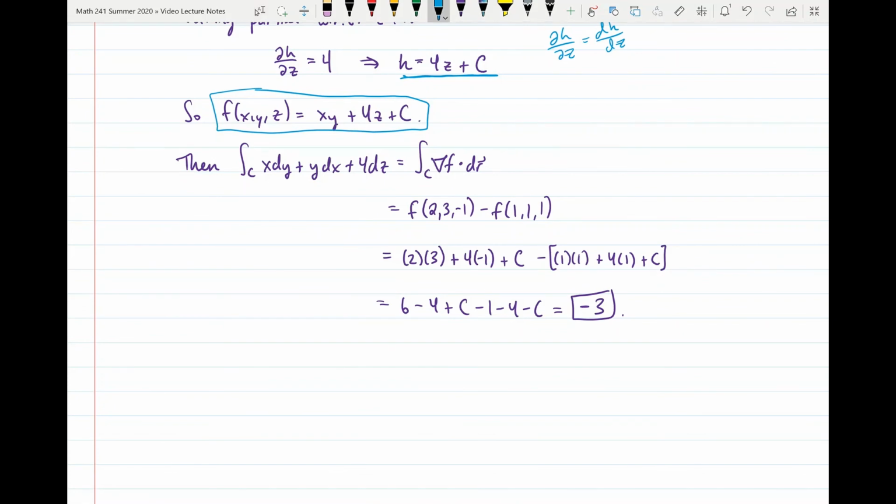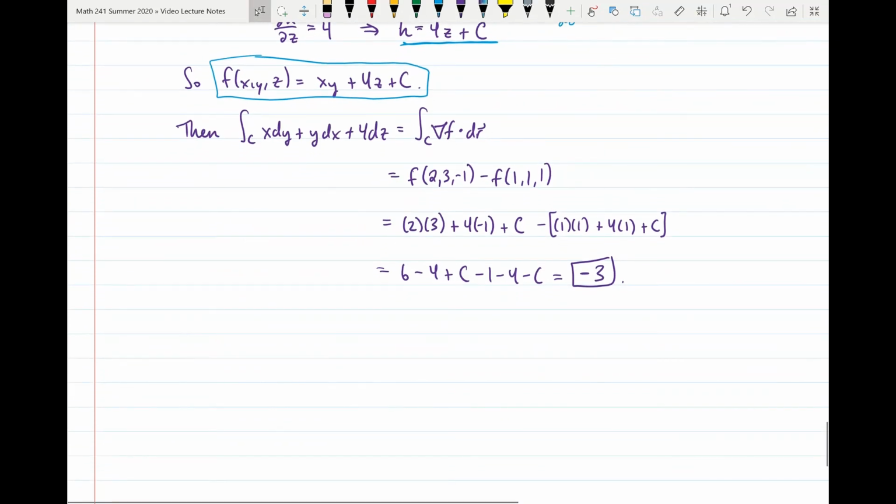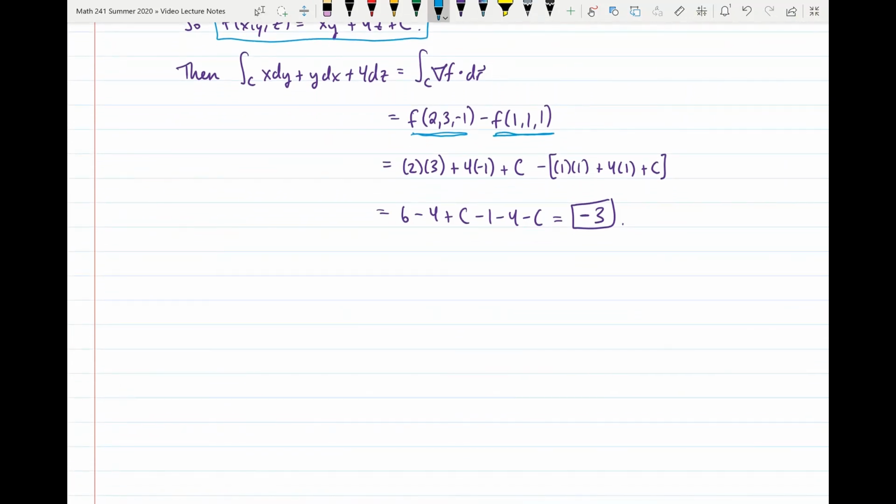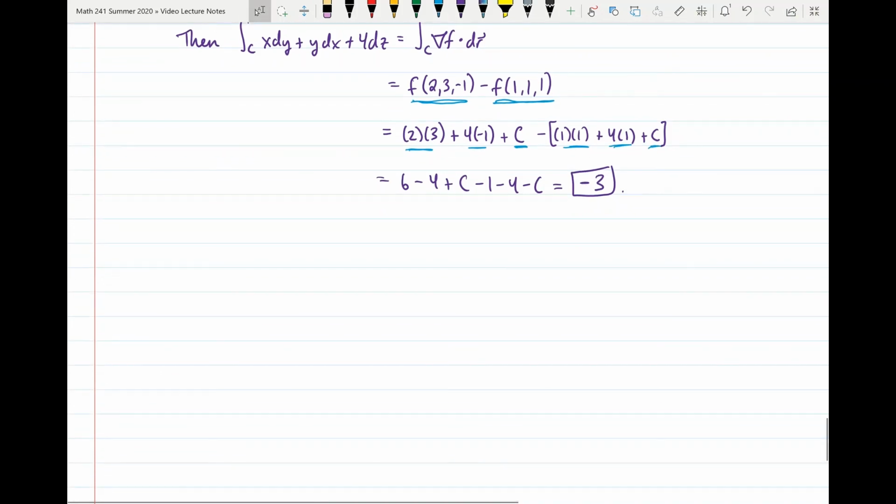And from here, we can write the integral of x dy plus y dx plus 4 dz over the curve c as the integral of the gradient of f dot dr over the curve c, and by the fundamental theorem of line integrals, that just amounts to f evaluated at 2, 3, negative 1 minus f evaluated at 1, 1, 1, and we get a 2 times 3 plus 4 times negative 1 plus the constant of integration c minus a 1 times 1 plus 4 times 1 plus the constant of integration c, and these constants of integration are just going to cancel with one another.